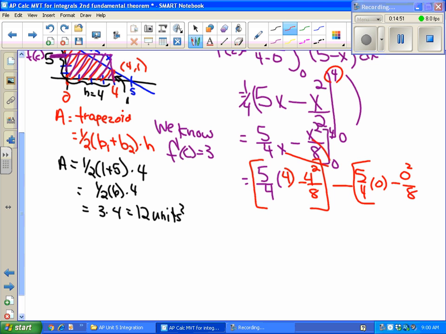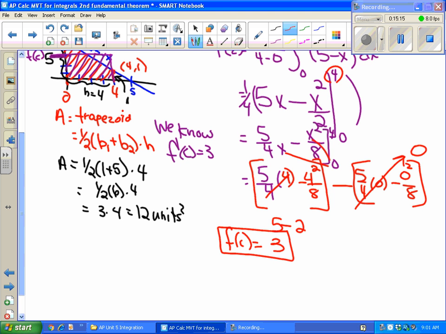That whole thing just becomes a big 0. Zeros are easy. So what do we get here? Well, 5 over 4 times 4 gives me 5 minus, that's 4 squared, 16 divided by 8 is 2. So the f of c value happens to equal what?